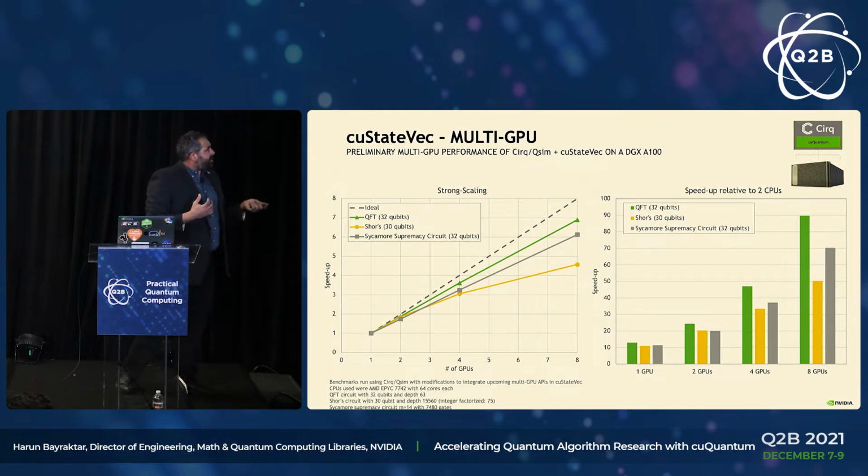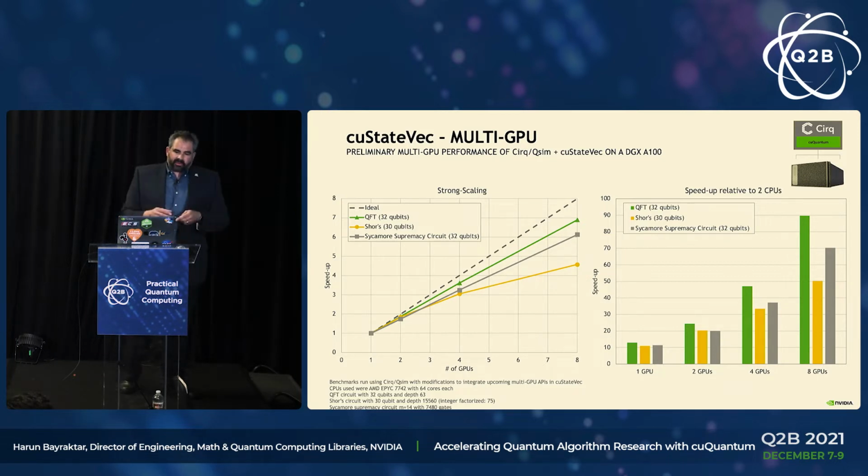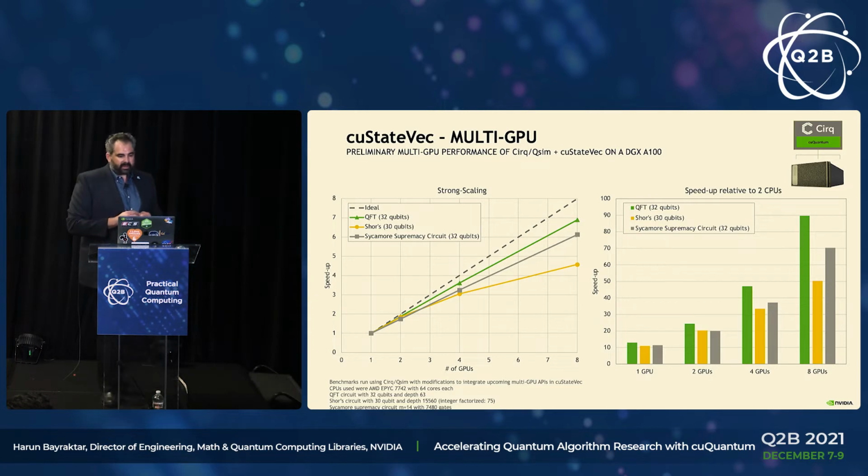And you can see in the maximal case for QFT, you can get almost 90x speedup, 8 GPUs versus a 2-socket CPU server. So these will continue to improve. The benchmarks will grow, but this is the kind of potential that GPU-accelerated quantum circuit simulations will provide.